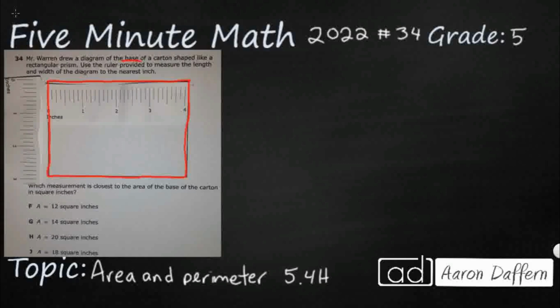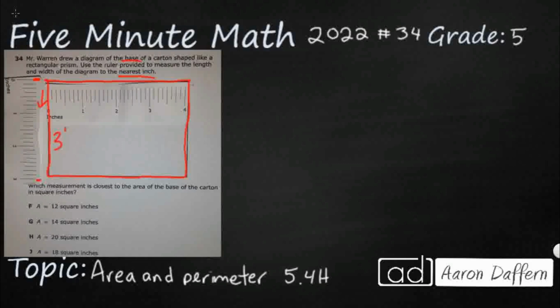So on this ruler right here, we're going to make sure that we've got the 0 right there at the top of this line, and we're going to look down here. You can see 3 is a little bit too long, but it says to the nearest inch. So even though it's a little bit less than 3 inches, there's that 3 right there, that's going to be close enough for us.